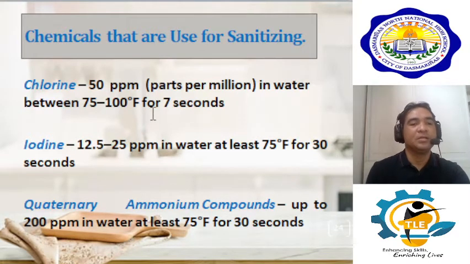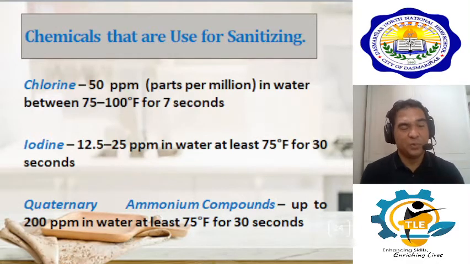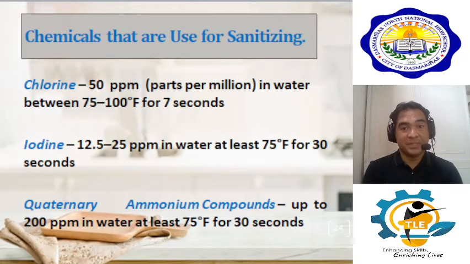Chlorine can be found in the tap water that we are using. Iodine can also be used and mixed with water, of course, for the treatment of water. And quaternary ammonium compounds you can observe in the wipes that we have. They are most commonly used there.